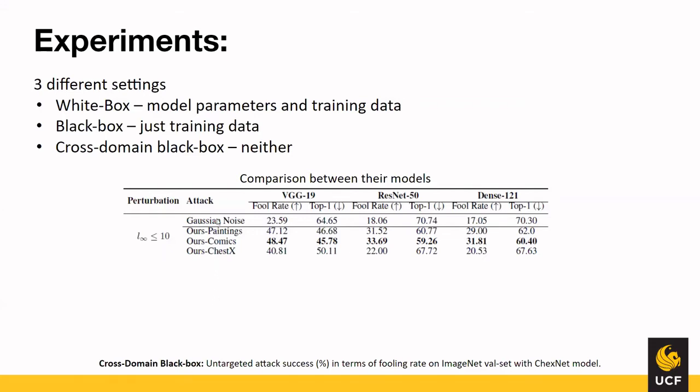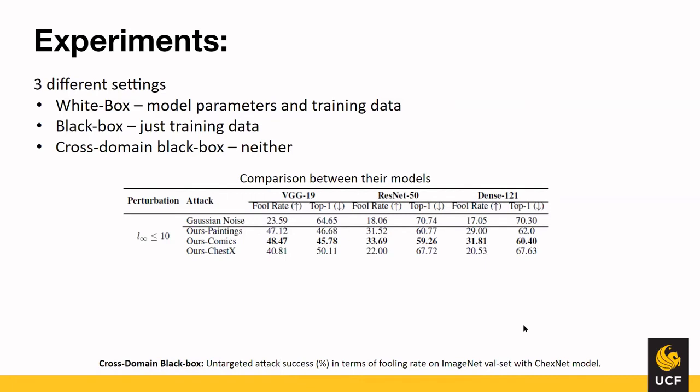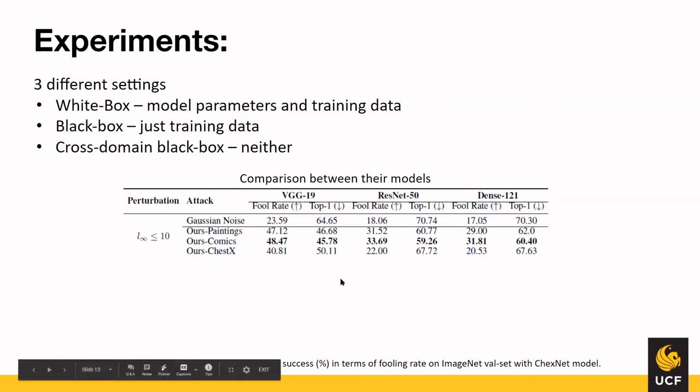They also use Gaussian noise as a baseline attack to compare their generative attack to. And the columns here represent the discriminators that are used during evaluation time. Again, we're using the CheXNet model itself during training time. So this is a cross-domain setting because we're not only using a different training set than we're going to use during evaluation time, but also different discriminators as well.